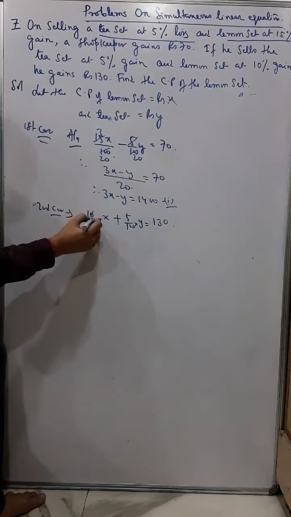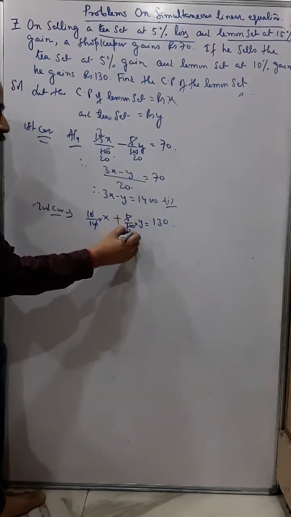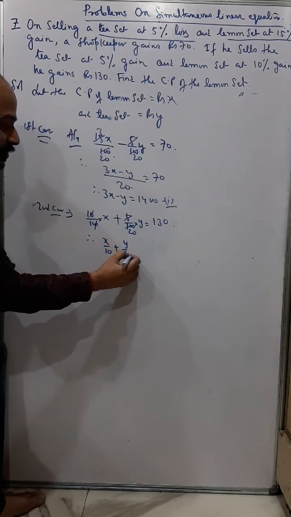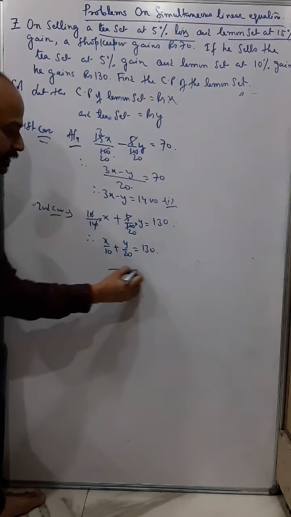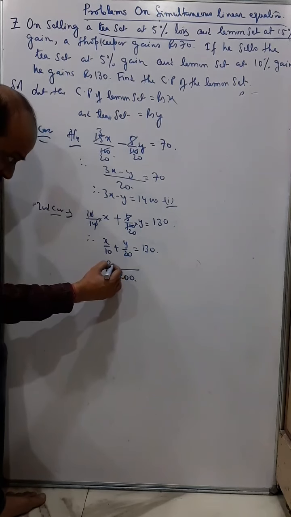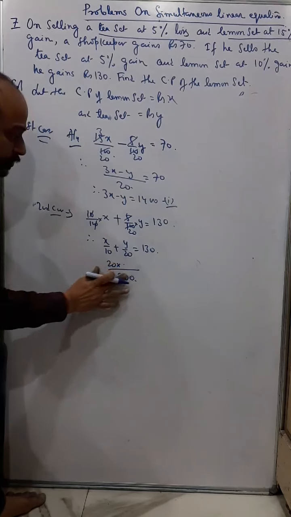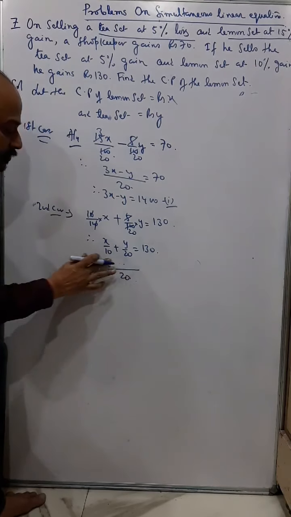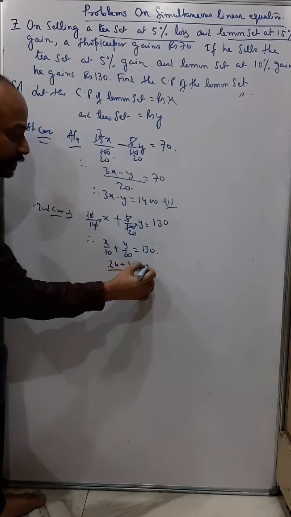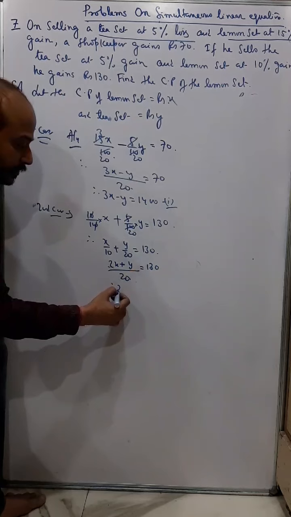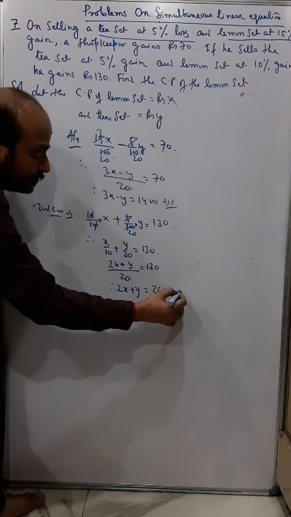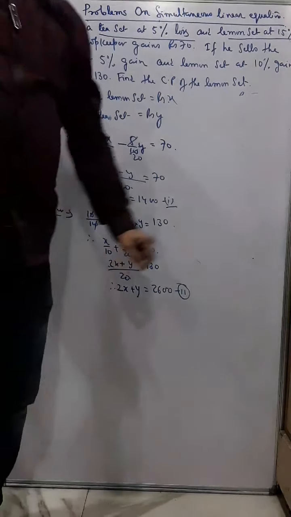So x by 10 plus y by 20, and then again 20 as the LCM. Then I get 2x plus y equals 130. Finally I get 2x plus y is equal to 2600. So this is the second equation.